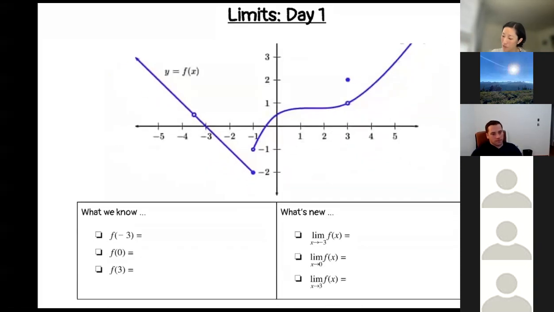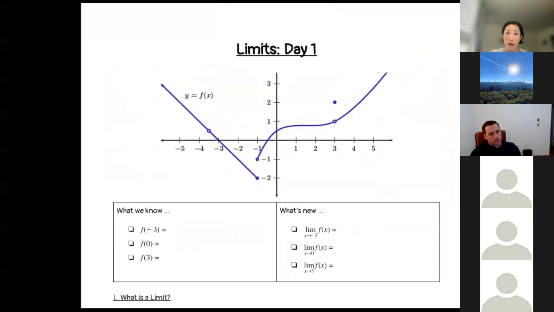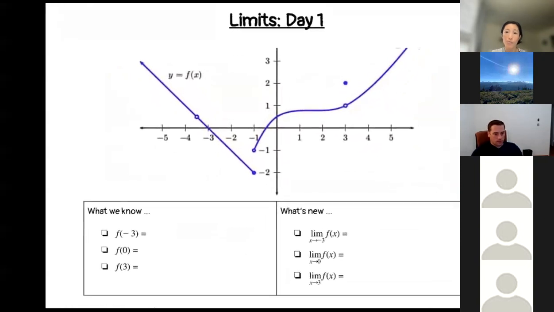But what I like to do is start off with a what we know and what's new, okay? I think it's really important to root whatever it is that we're learning in something that we already know so that we can then think about what's new, okay? I think the reality is there's no way that you're in Calc 1 and you don't know anything about math, right? It might feel like that sometimes, but I promise you that that's not true.